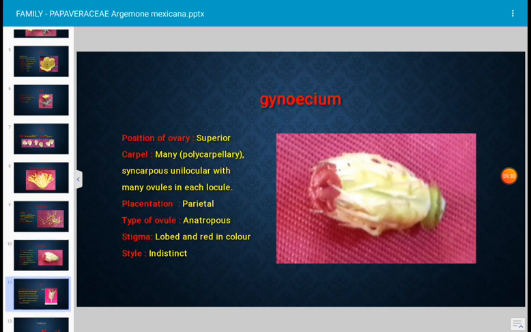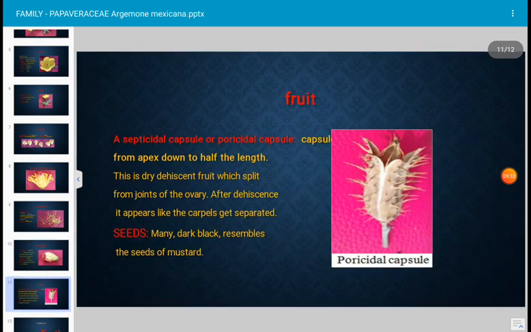Okay, next. This is the dried capsule of Argemone mexicana, family Papaveraceae. Septicidal capsule or poricidal capsule occurs in Argemone mexicana. This capsule naturally splits open from the top region and the seeds are released.